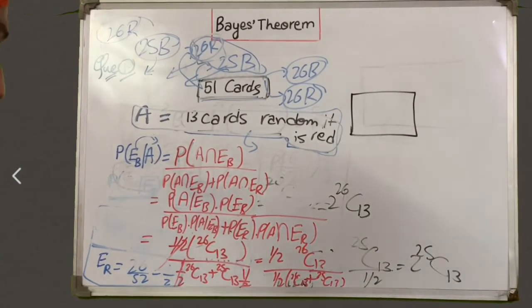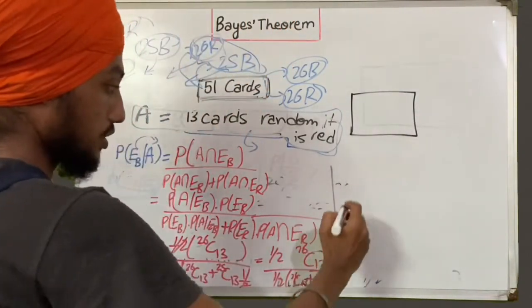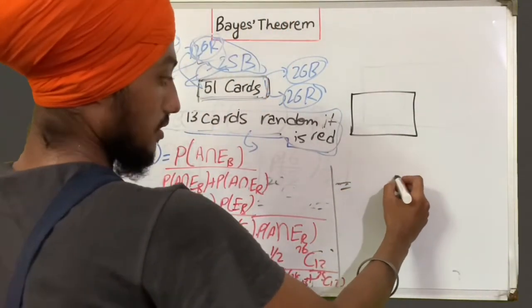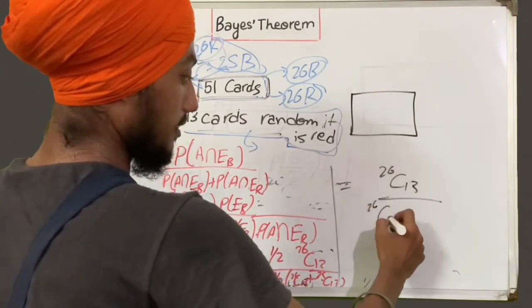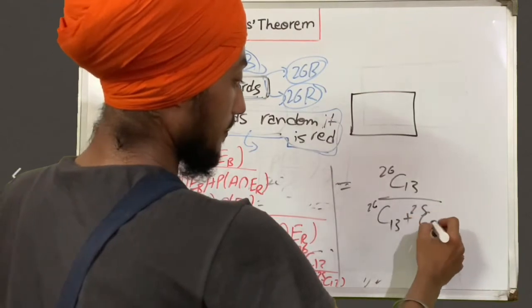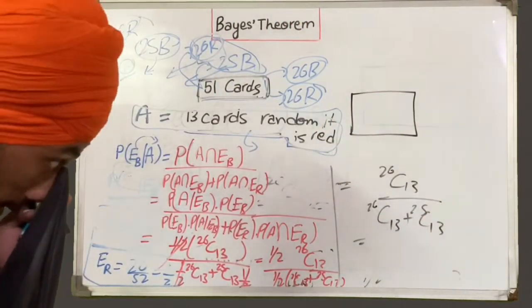So that's the idea about this thing, and now let's sum up this question. 26 13 upon 26 13 plus 25 13. So it can be written, there is a separate formula for it.